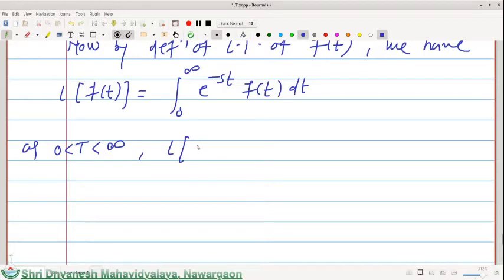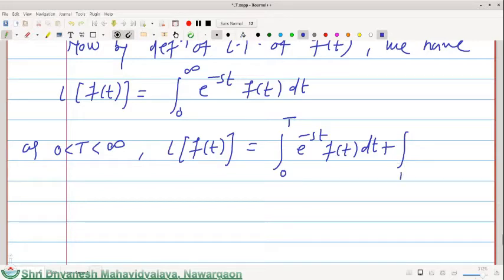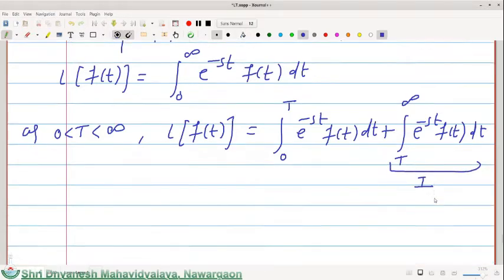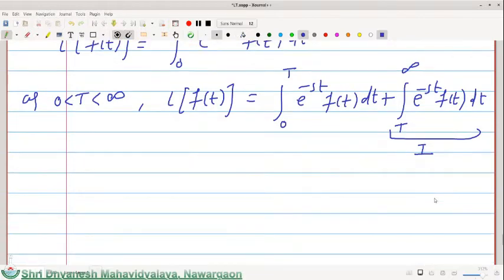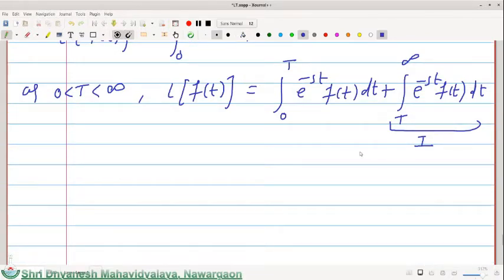So the Laplace transform of f of t equals integration from 0 to T e to the power minus st f of t dt, plus the second part, from T to infinity e to the power minus st f of t dt. We denote this part as I, and we will solve I separately, and give this whole equation as number 1.